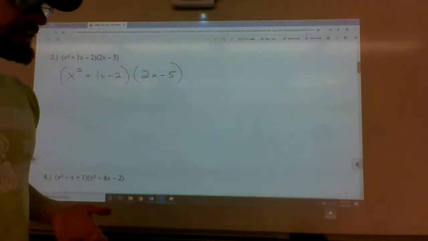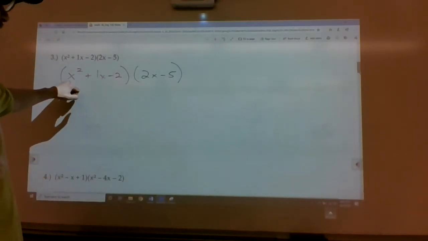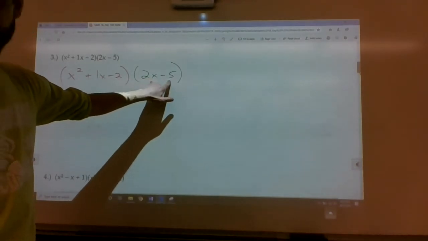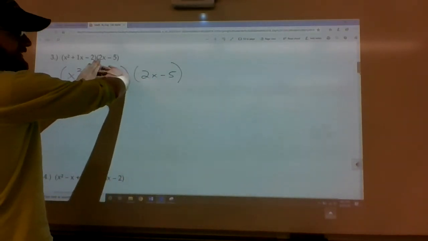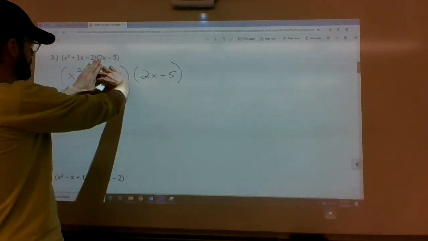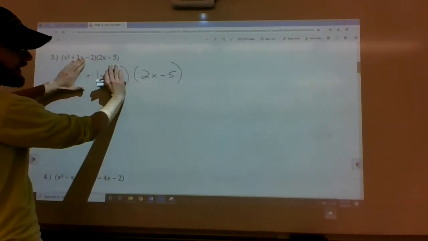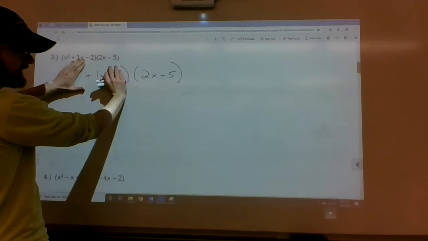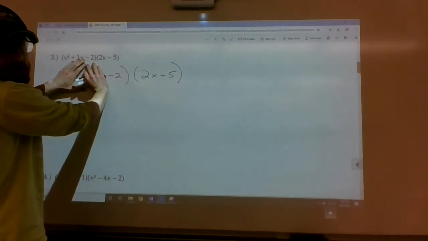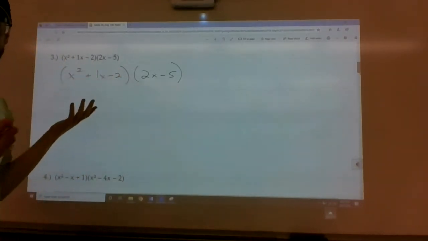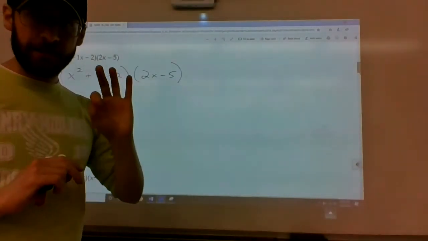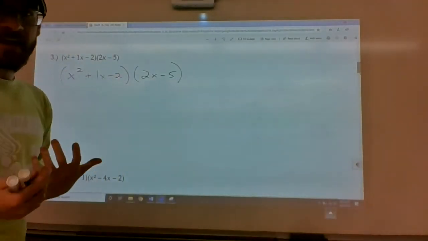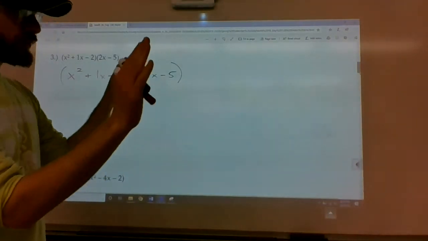You're still going to take every element of the first times every element of the second. So it's like saying, what's x squared times 2x minus 5? What's 1x times 2x minus 5? And then what's negative 2 times 2x minus 5?